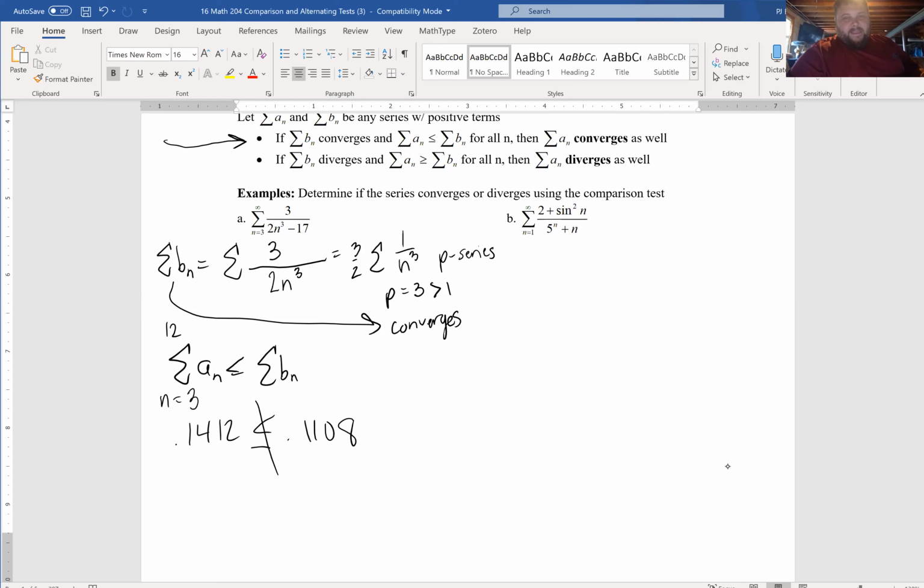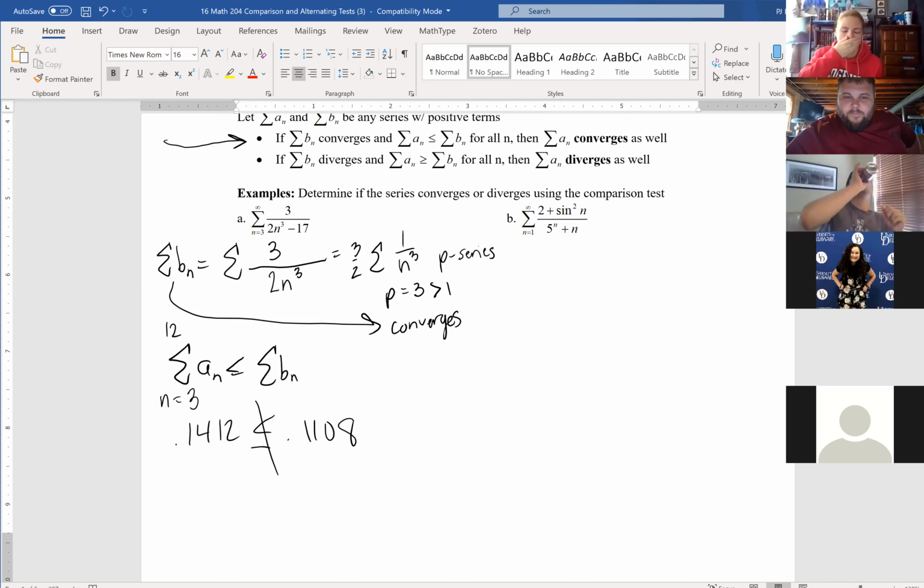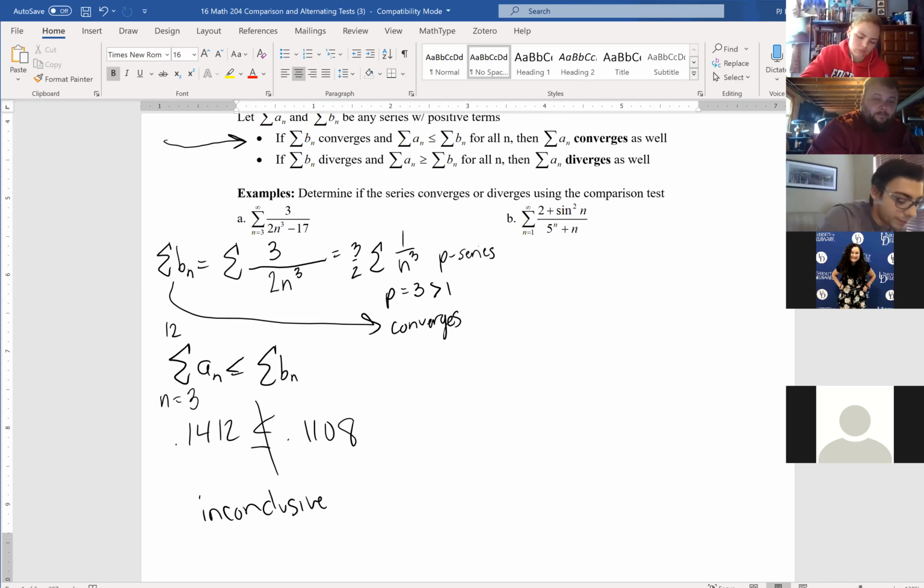So what can I say? Do you remember what we said for test for divergence if it didn't work? Use a different test. So we would say inconclusive, right? And you would need to try a different test.